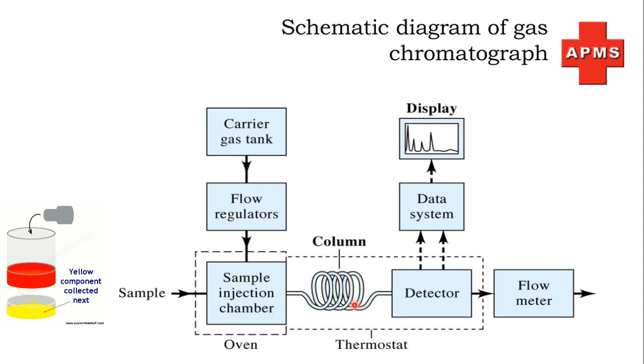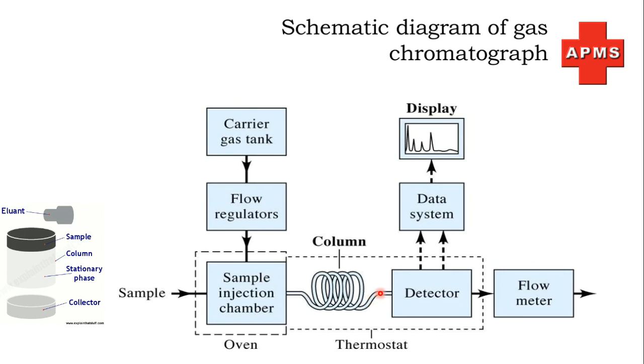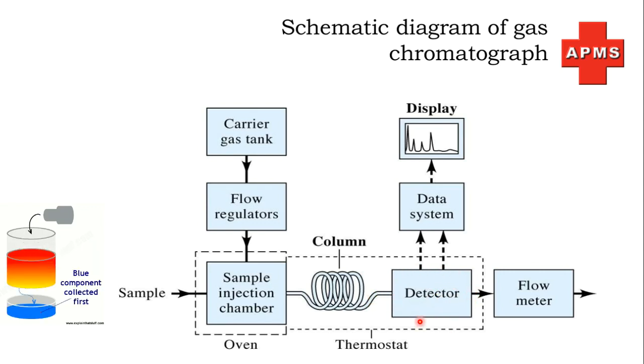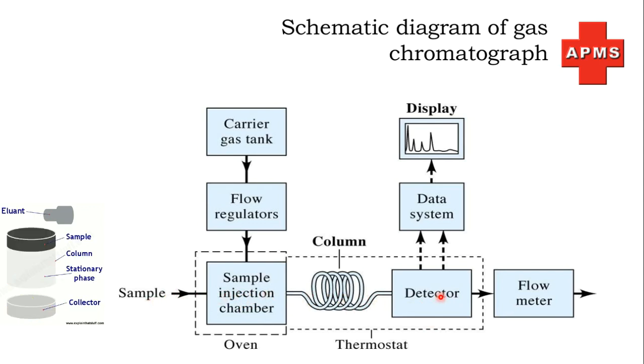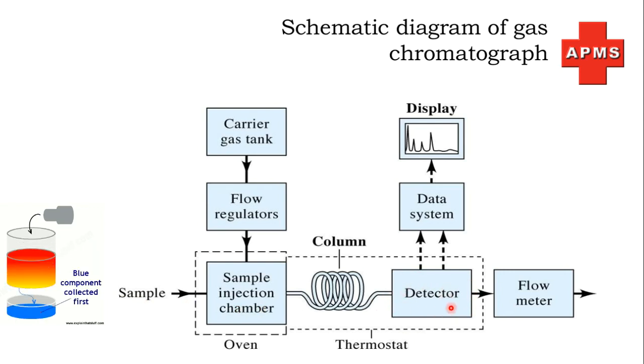After this separation, the first separated compound enters the detector. The detector detects the sample quality, meaning it shows a peak at its retention time. That retention time, from the injection point to the detector, gives a peak that shows the qualitative analysis of that component present in the sample. It also shows the peak areas.